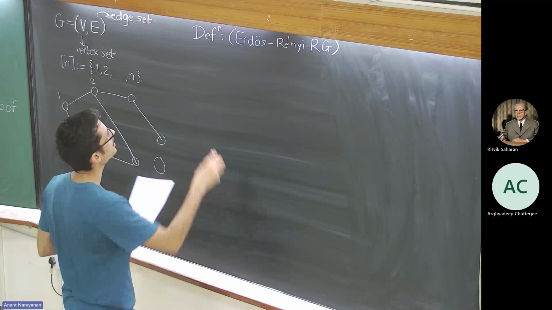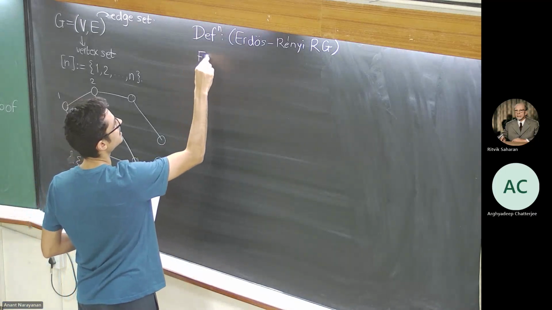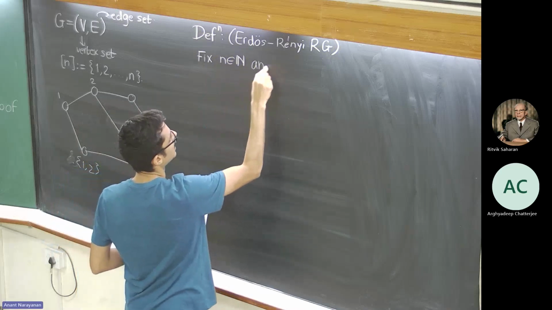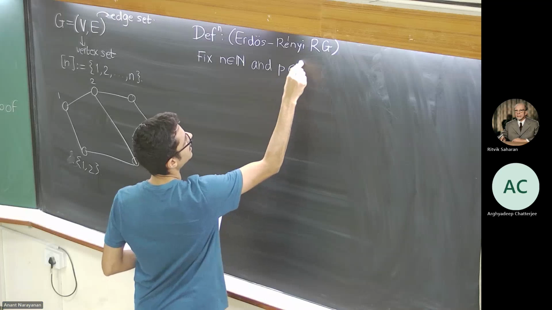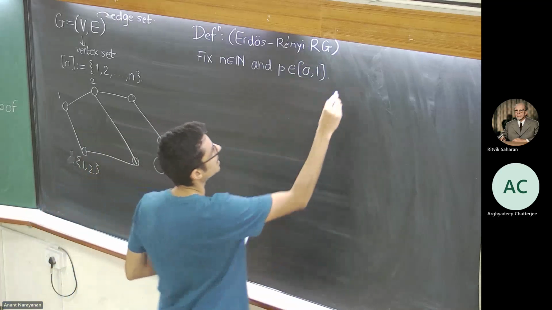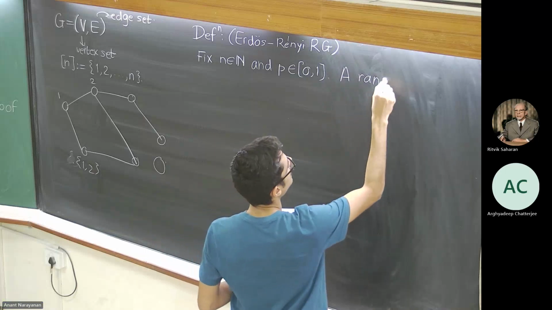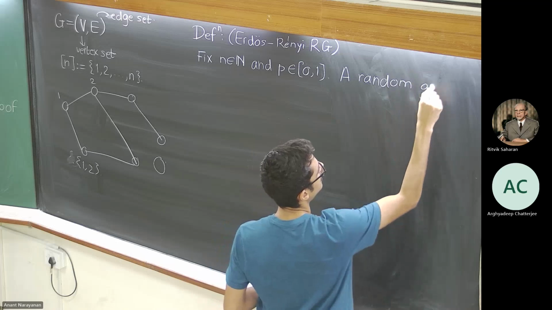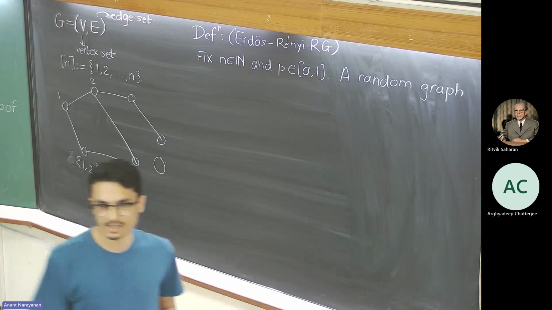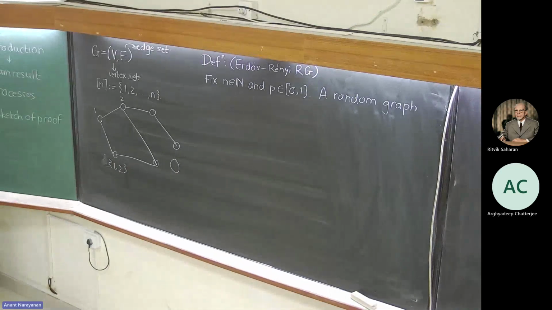So there are two parameters to this: n in the natural numbers and a parameter p in [0,1]. A random graph: what I mean by a random graph is that I just consider a collection of graphs and introduce some sort of measure on them, which turns out to be a probability measure.